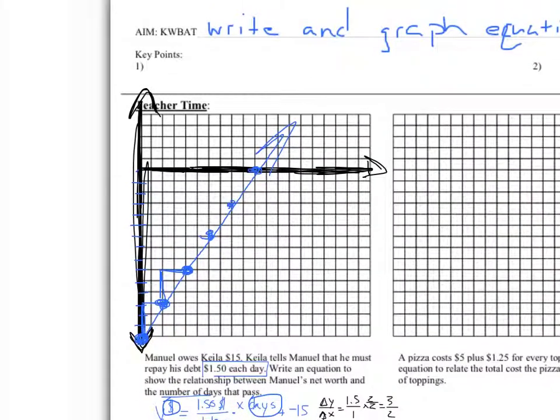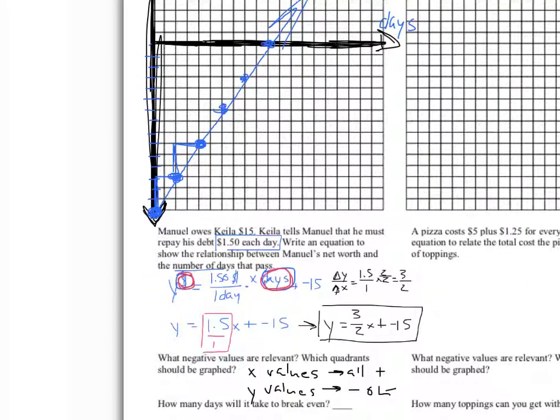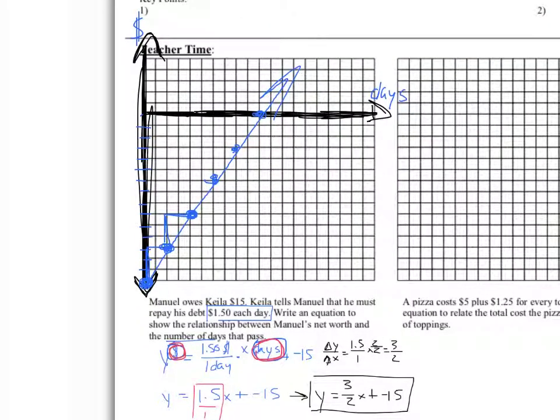Dollars. X units should be what? That comes directly out of how we wrote this equation. Right down here. Our y was dollars, our x was days. So how many days until the y is 0? How many days until his net worth is 0?